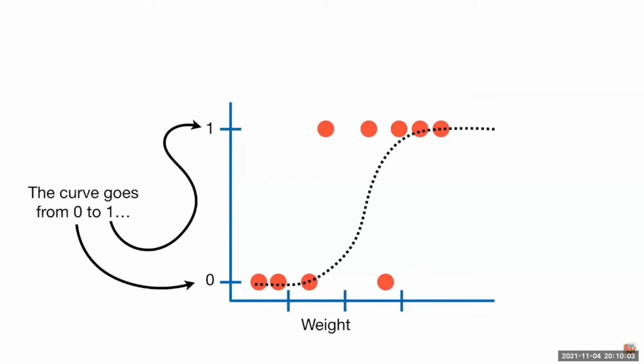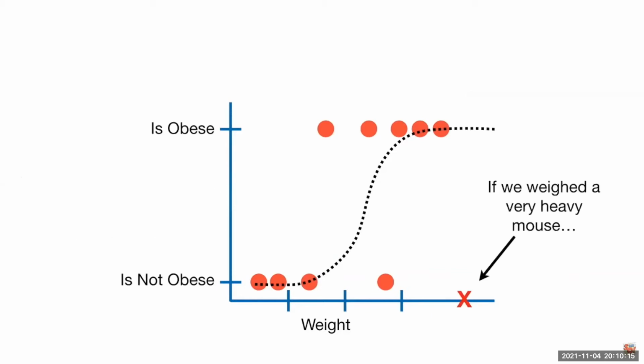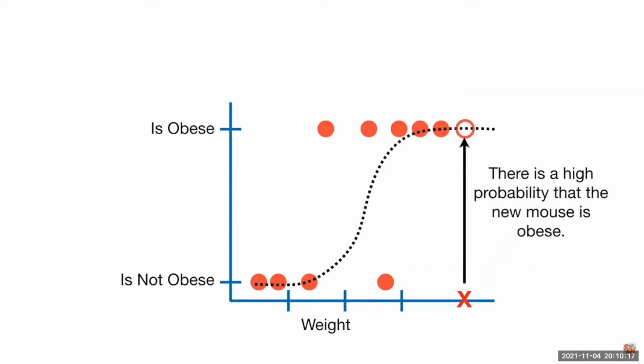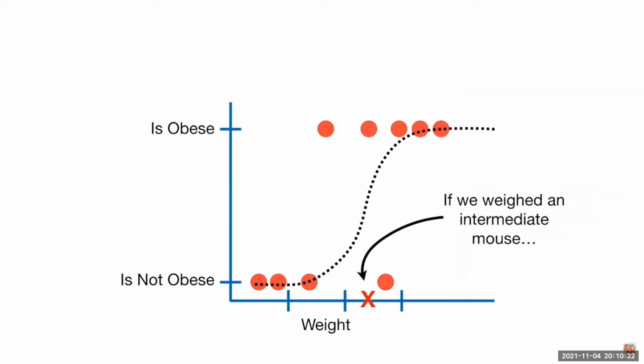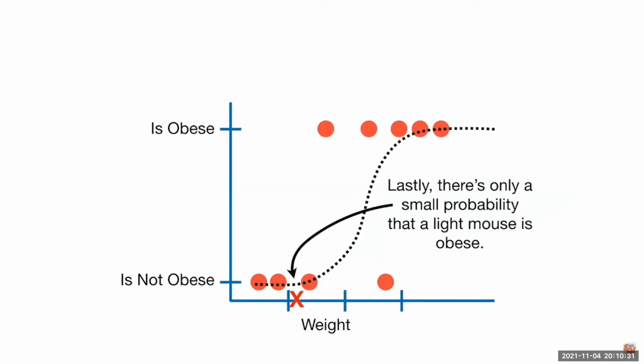The curve goes from 0 to 1. And that means that the curve tells you the probability that a mouse is obese based on its weight. If we weighed a very heavy mouse, there's a high probability that the new mouse is obese. If we weighed an intermediate mouse, then there's only a 50% chance that the mouse is obese. Lastly, there's only a small probability that a light mouse is obese.